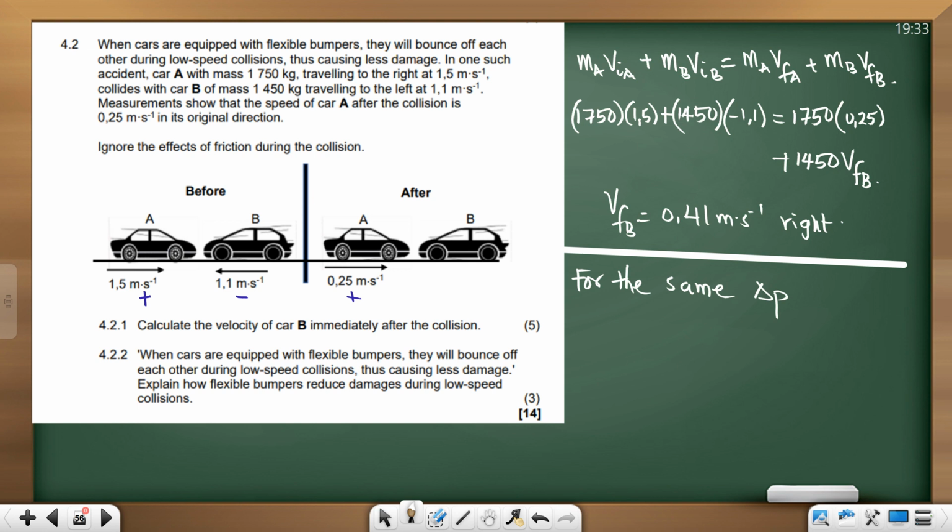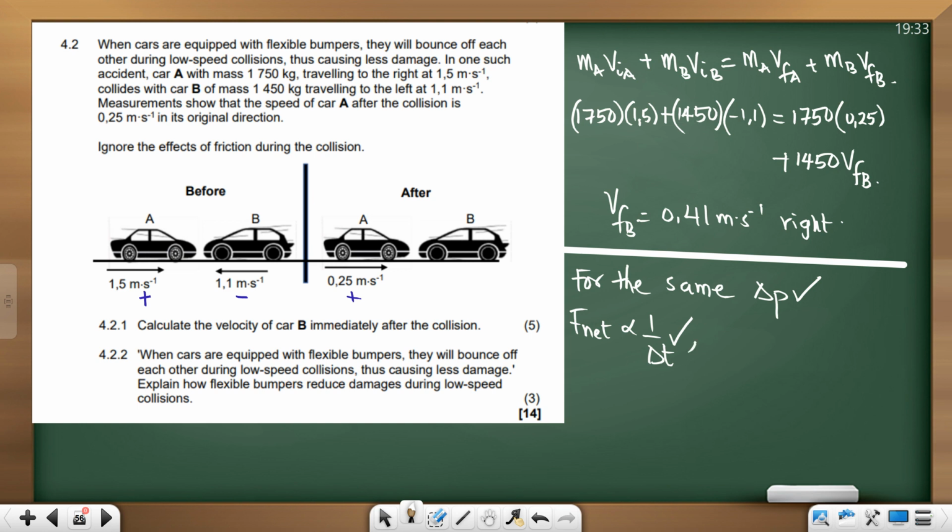For the same delta P, F net is inversely proportional to delta T. That's the 2nd mark. You cannot say F net is inversely proportional to delta T if you don't tell me for the same change in what? Momentum. Right.